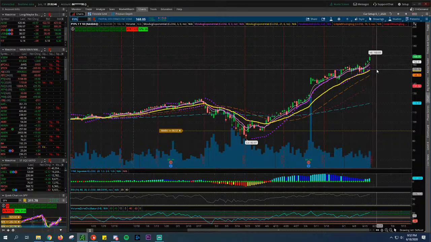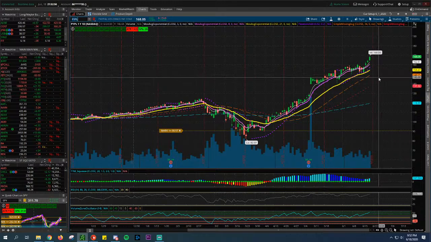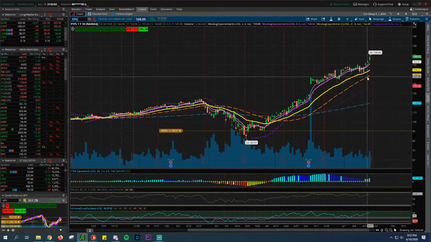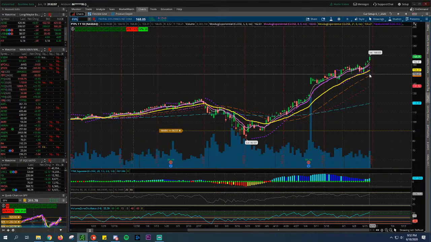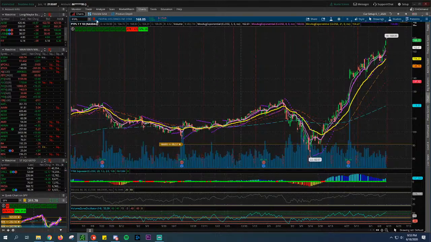Potentially, if you're not in it, you have to wait till it gets to the 21, or potentially the 34. Something really has to go bad to get it back to 150. That being said, this is really a forward-thinking company, and they really love moving this one, without a doubt. This is a great stock if you're in it.